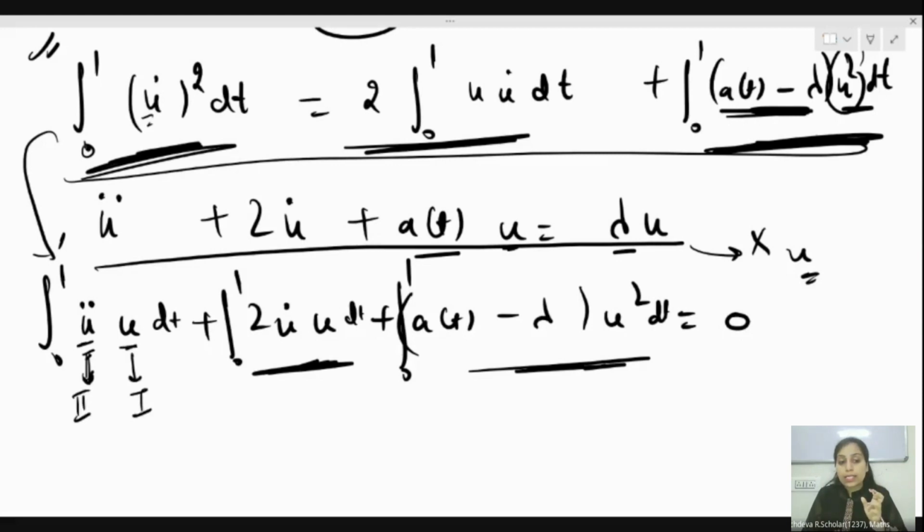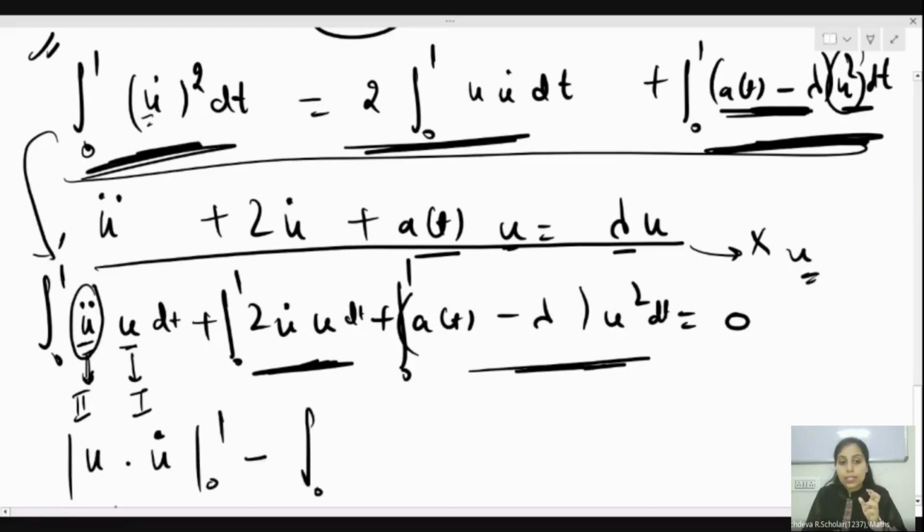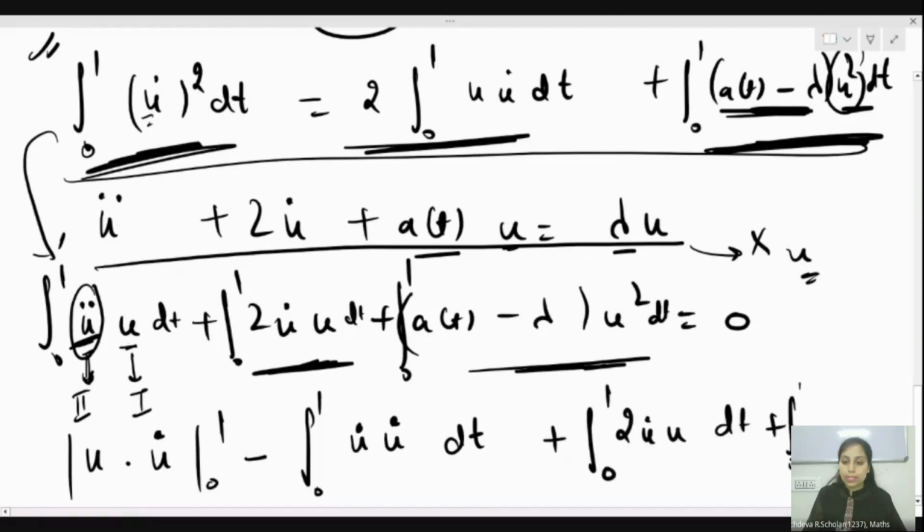First function as it is, the integration of second function, that means u dot, limit 0 to 1, minus integration of first function derivative, second function integration, dt. And the rest will remain the same: u dot u dt plus 0 to 1 at minus lambda u square dt is equal to 0.